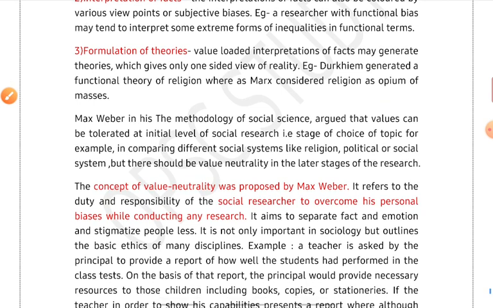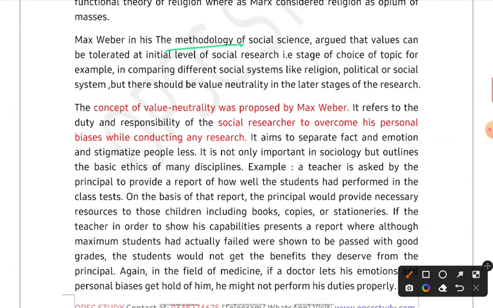So Max Weber, in his methodology of social science, argued that values be tolerated at the initial level of social research. What Max Weber says is that when you are framing a research, you can initially attach a value. The researcher can choose that research based on his values, but while he is performing the actions, it should be value neutral.